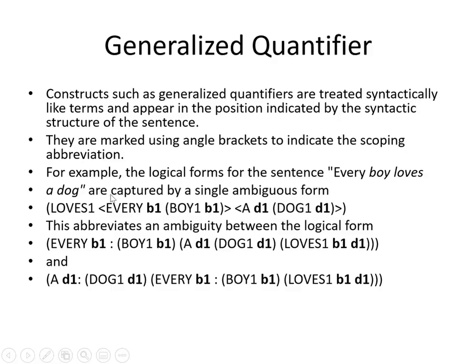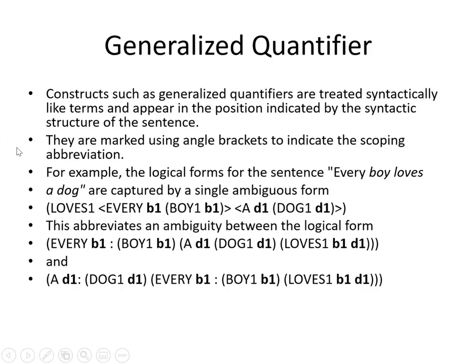It can be represented by this logical form: every B1, where B1 is boy, then a D1, where D1 is dog, and loves.